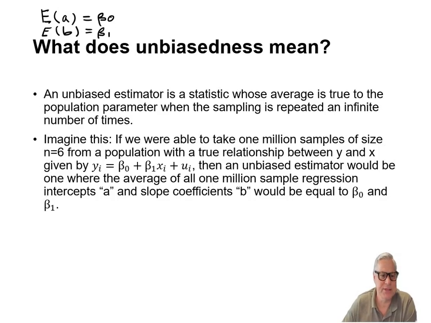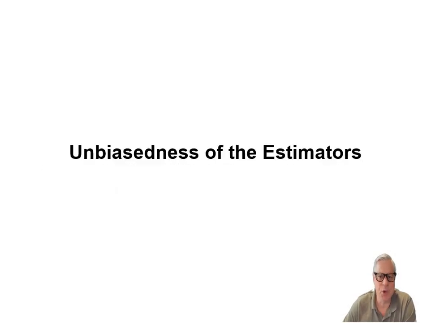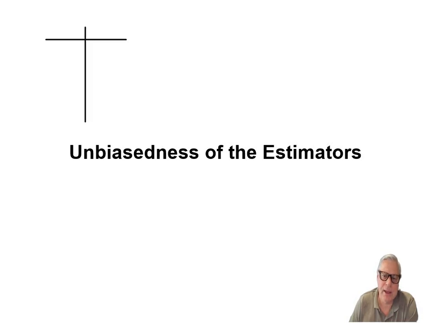Let me give you another example that is easier to grasp the concept of unbiasedness. The mean, for example, is an unbiased estimator. Let's say we have a population that only consists of 3 children, A, B, and C, and they have a characteristic, let's say age.